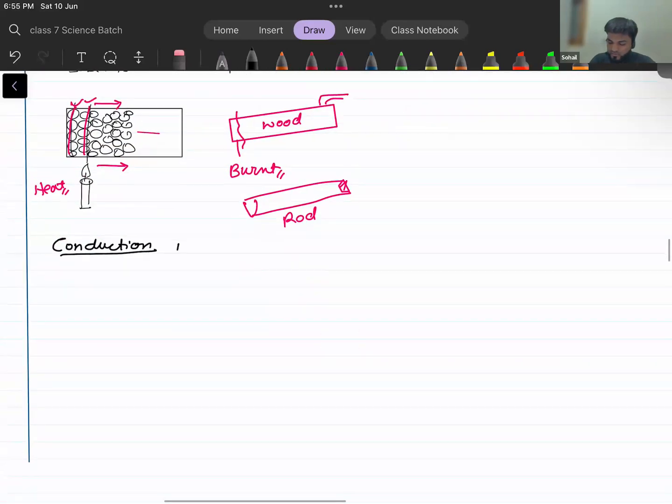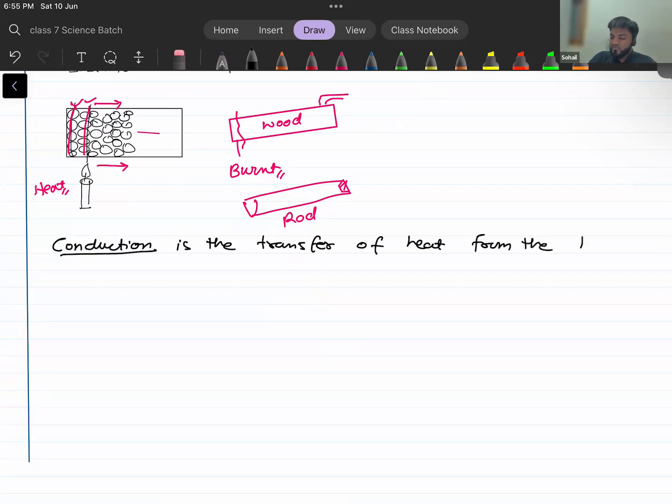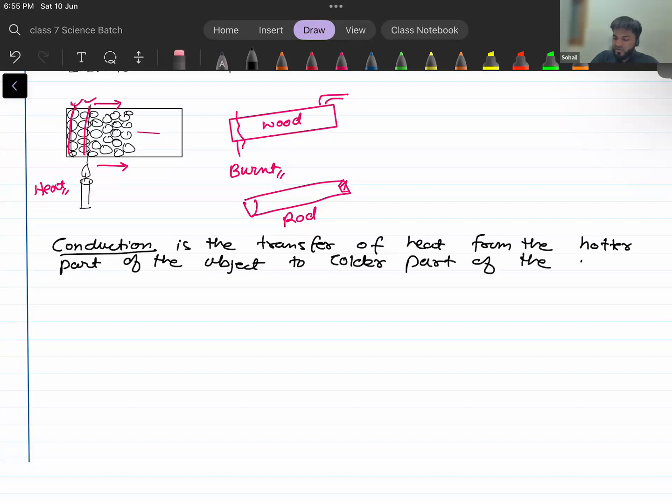So conduction is the transfer of heat from the hotter part of the object to the colder part of the object. When I say object, I specifically mean solid objects.